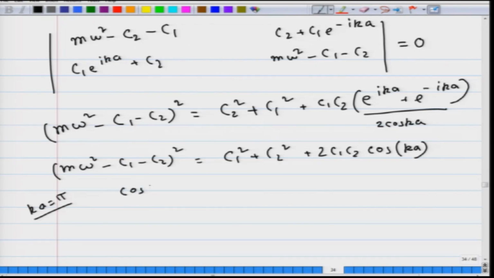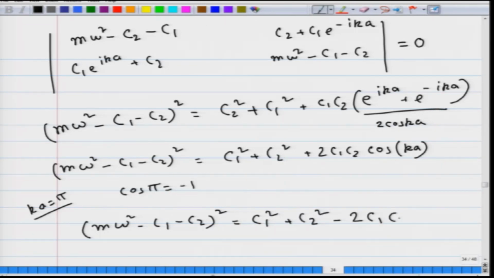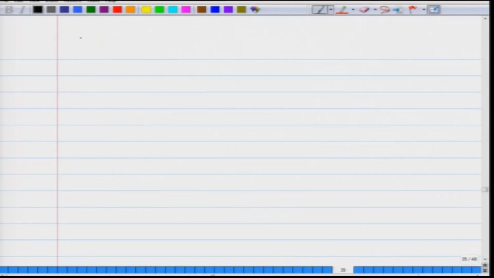So, cos pi will be minus 1. So, m omega square minus C1 minus C2 whole square, we will have C1 square plus C2 square minus 2 C1 C2. So, this is my question, and here we have given that C2 is greater than C1.